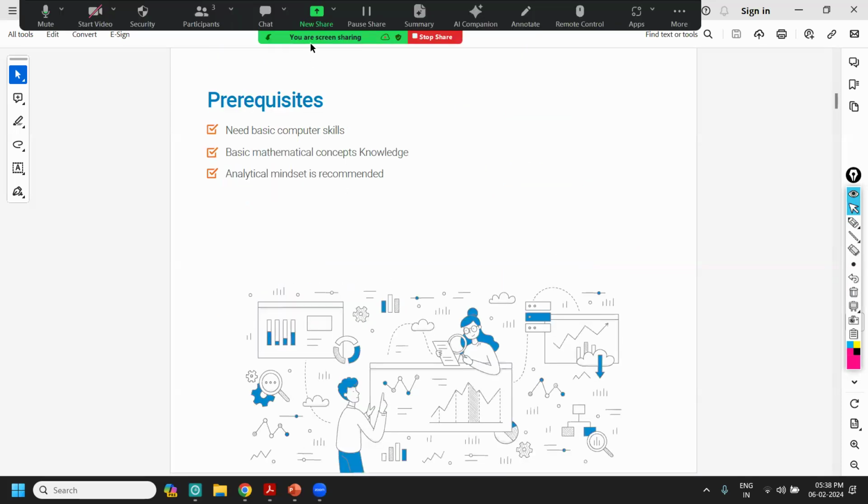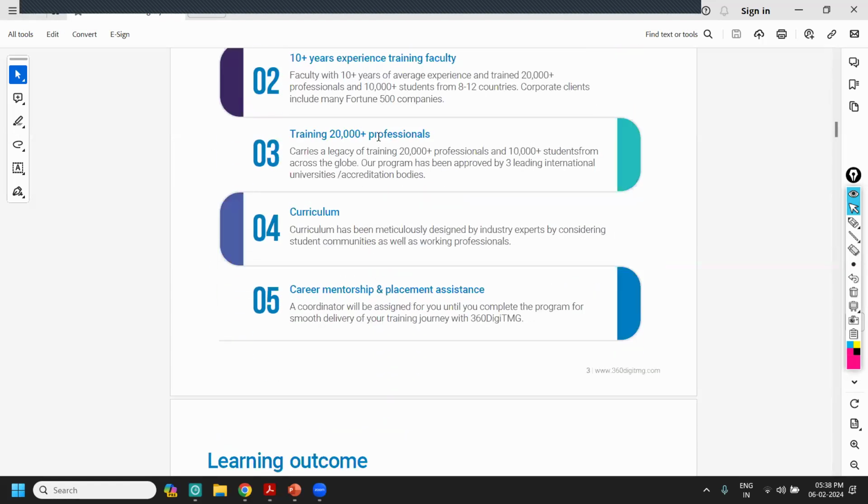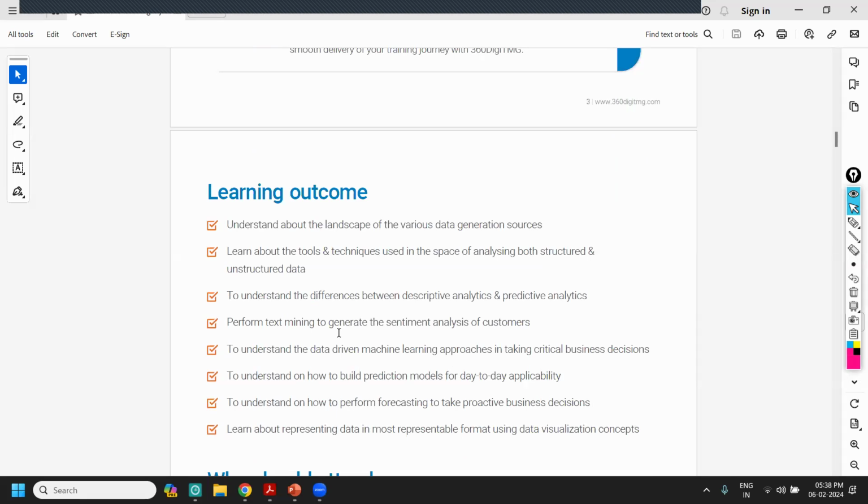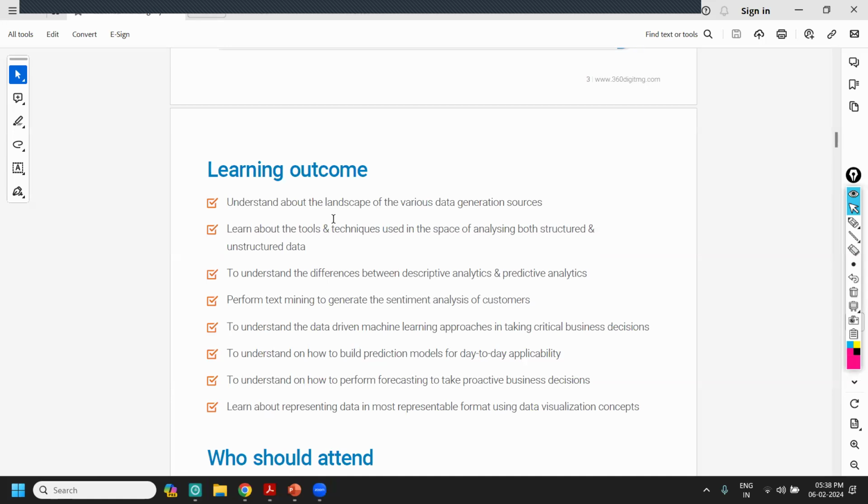And what you are going to actually gain is this. Of course, this list is already provided to you. You might want to go through this document, but yeah, these are the learning outcomes. So you will be learning various data generation sources. So where is the data coming from?